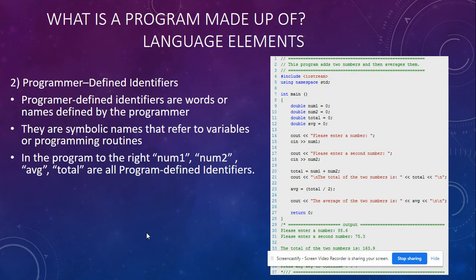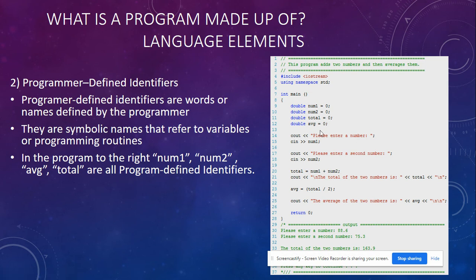Programmer-defined identifiers, and we'll be getting to these as early as the end of this week, early next week. Program-defined identifier words or names are defined by the programmer. They are symbolic names that refer to the variables or program routines. In the program to the right, num1, num2, average, and total are words that the programmer came up with, the person that wrote this program.